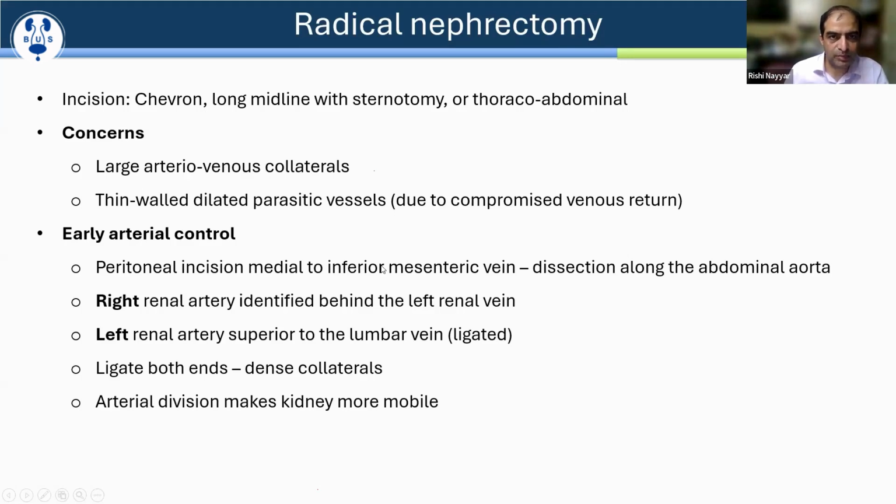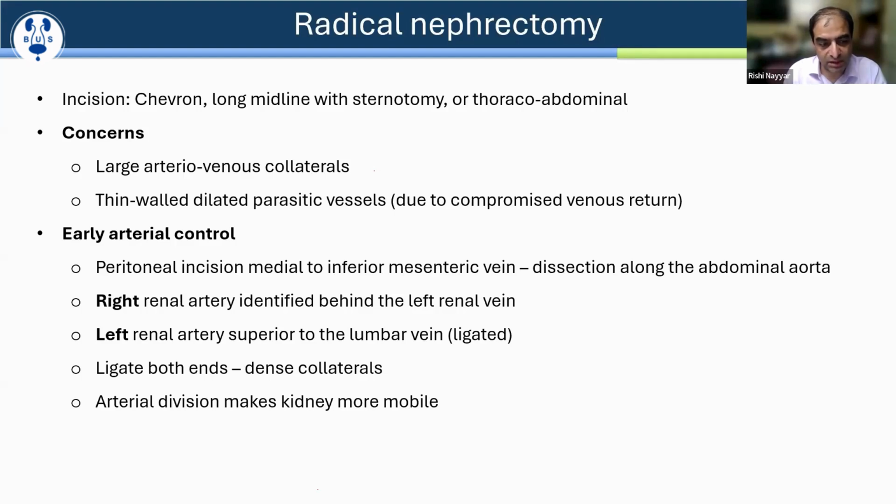The concerns for patients with IVC thrombectomy, I've already told you, these are two: that there are collaterals, and early arterial control has to be established, whether it is right or left. On the right side, we can always go to the interaortocaval approach, but for the left renal artery, sometimes it becomes difficult because the left renal artery would be lying behind the dilated left renal vein, and then reaching that point to the artery again, we will have to go through all these collaterals, again risking the bleeding.